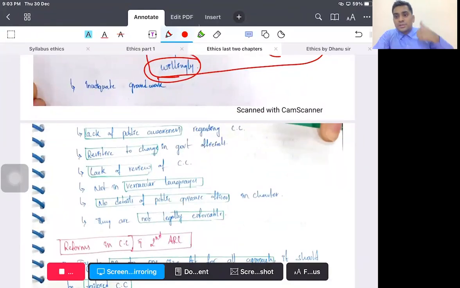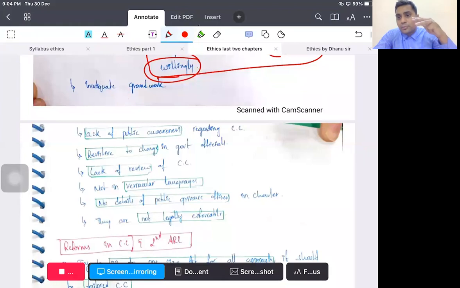So these are the problems. The first problem is that it is not made an act. There is no strict regulation that it has to be present. The second problem is, as there is no act, many departments have not constituted the Citizens Charter. Even when it was constituted, they prepared it in a language which is not easily understandable to the common man, and they prepared it without involving the people from bottom to top.